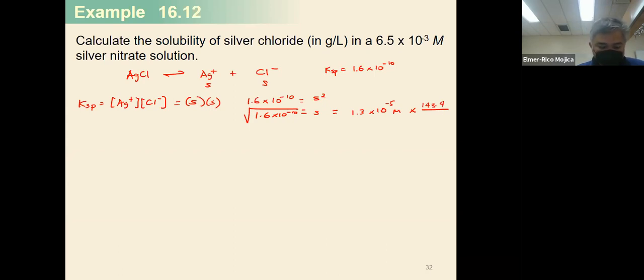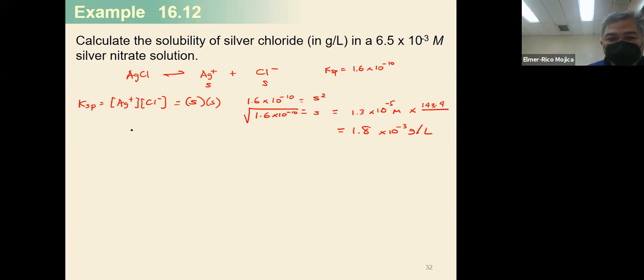So we have the square root of 1.6 times 10 to the negative 10 times 143.4. So you have here around 1.8 times 10 to the negative 3 grams per liter.